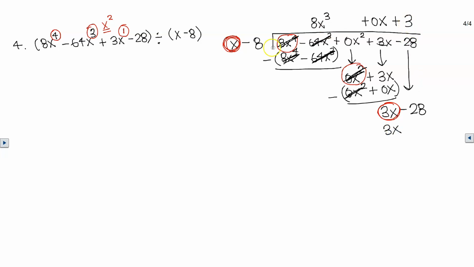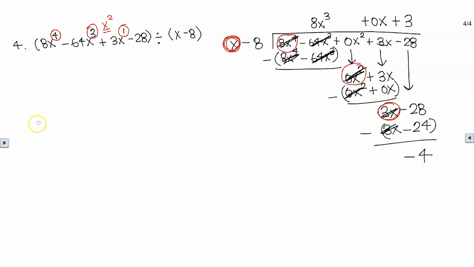And we also do 3 times negative 8 and get negative 24. And we subtract. 3x minus 3x is 0. Negative 28 minus negative 24, that'll change into plus 24. So we get negative 4 as our remainder.